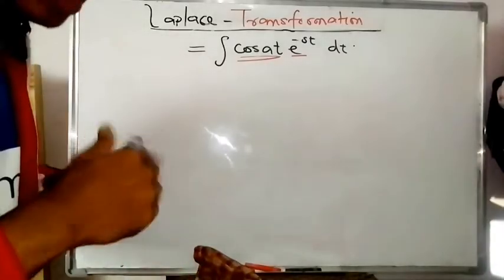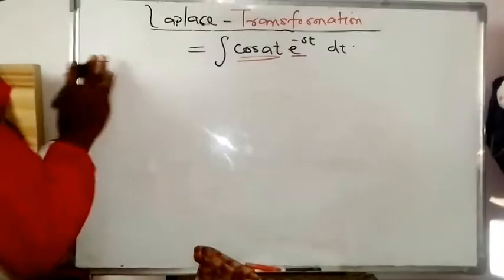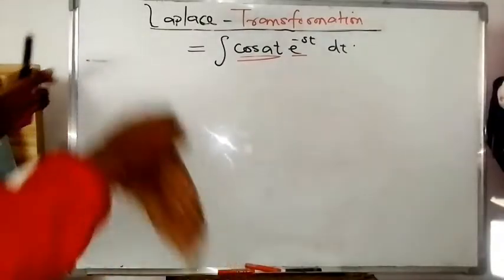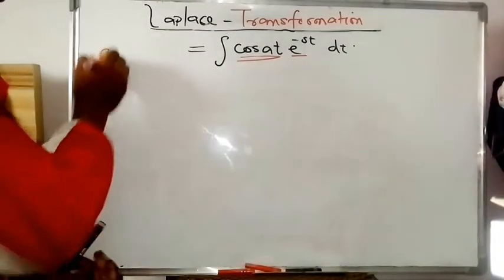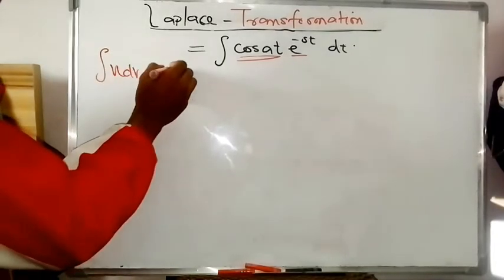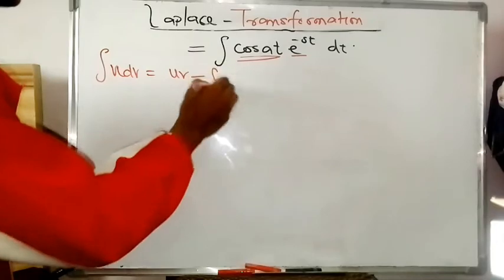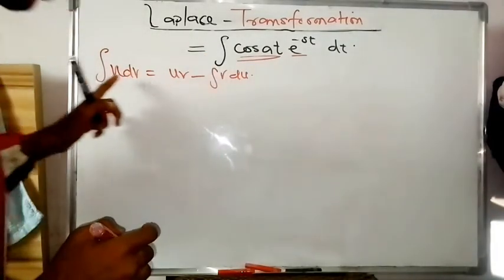So what does the integration by parts method say? The integral of u dv is equal to uv minus the integral of v du. So this is what the integration by parts method says.